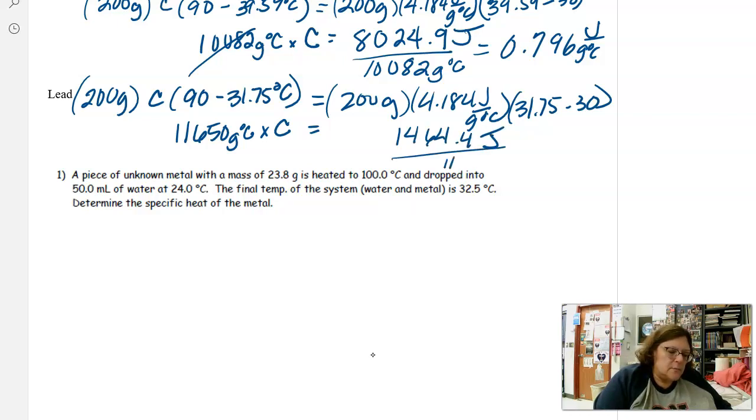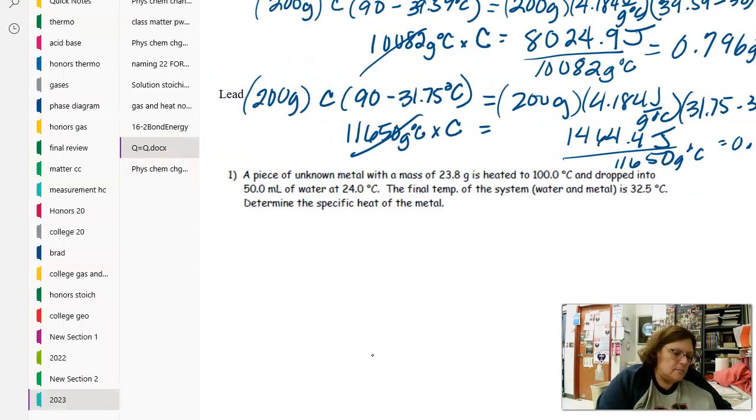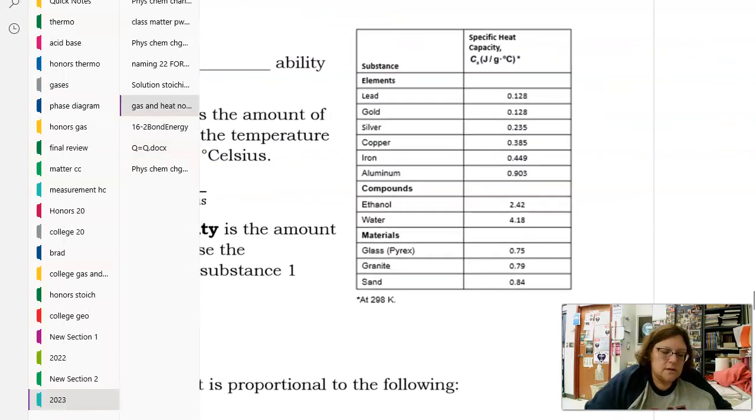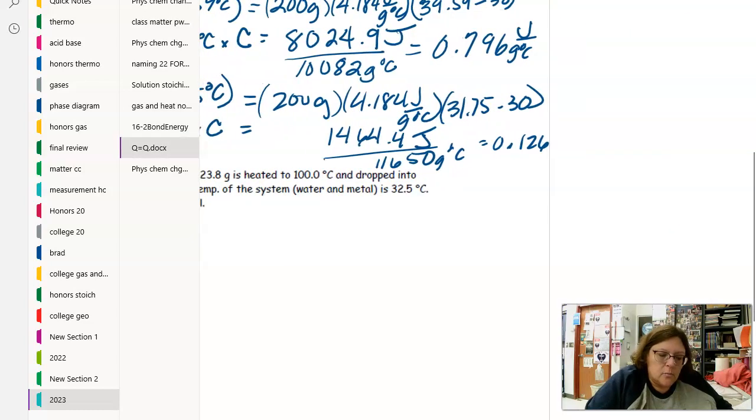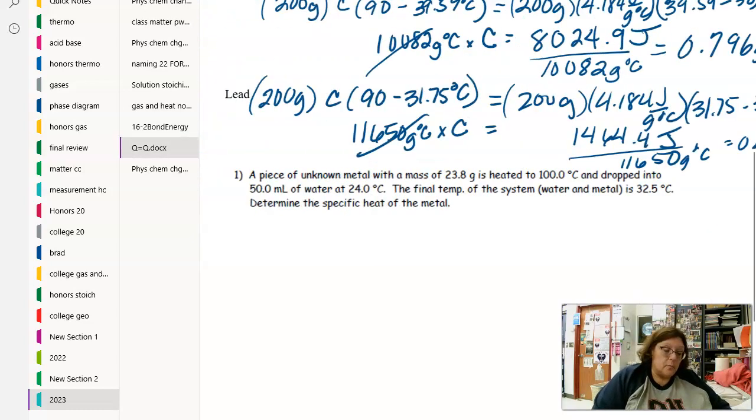Divide both sides by 11,650, and we get 0.126. Lead was 0.128 in our notes, and we just calculated 0.126. Again, I'm good with that.